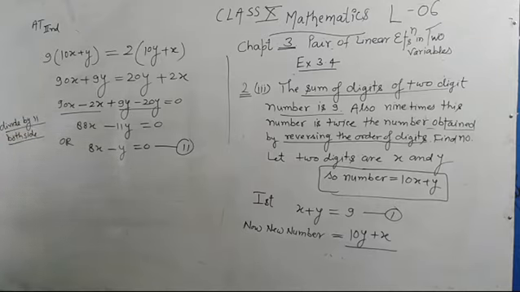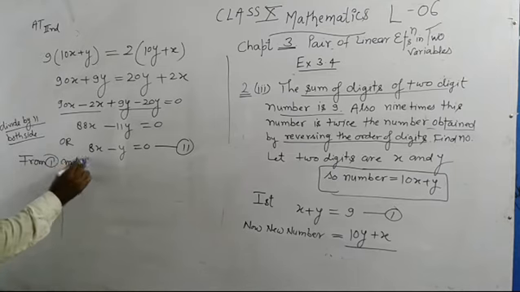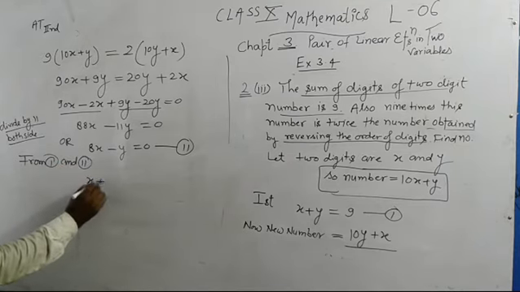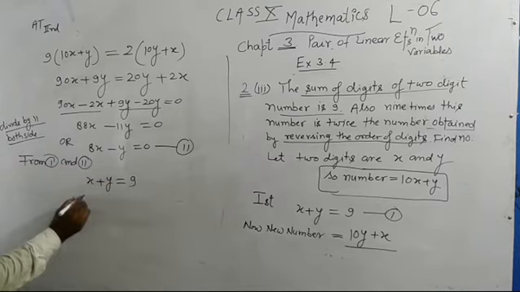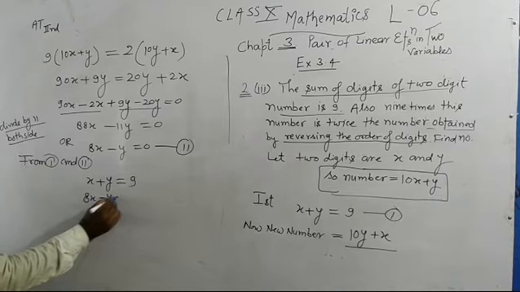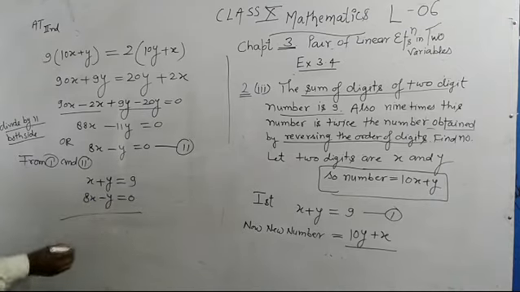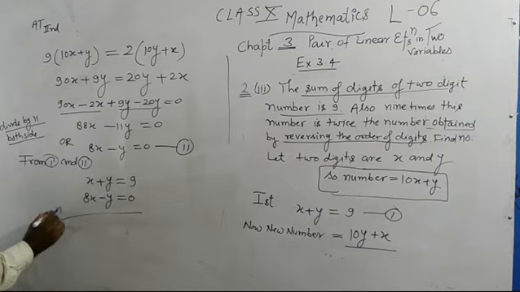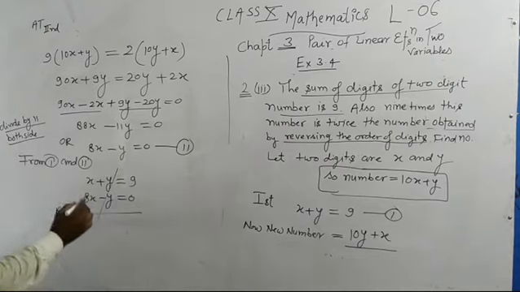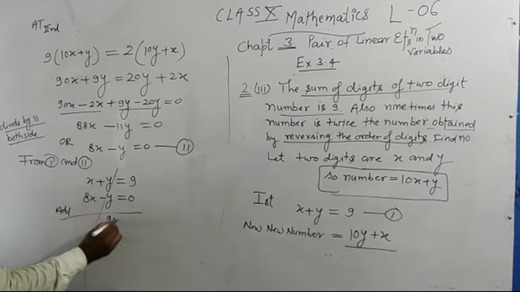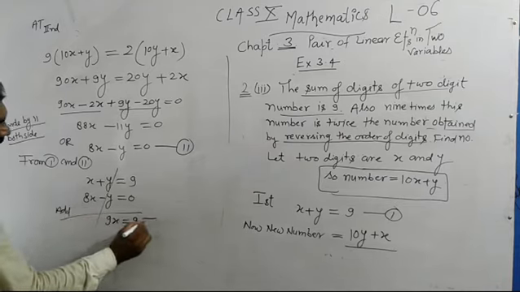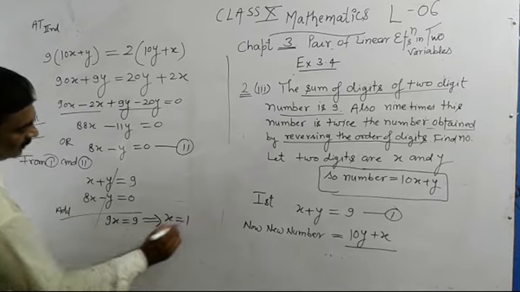Okay. So now from first and second: first is x plus y is equal to 9, and second is 8x minus y is equal to 0. Opposite signs, same coefficients, add. In case of addition, there is no change in sign, plus minus cancel out, and here 9x is equal to 9, implies x is equal to 1.